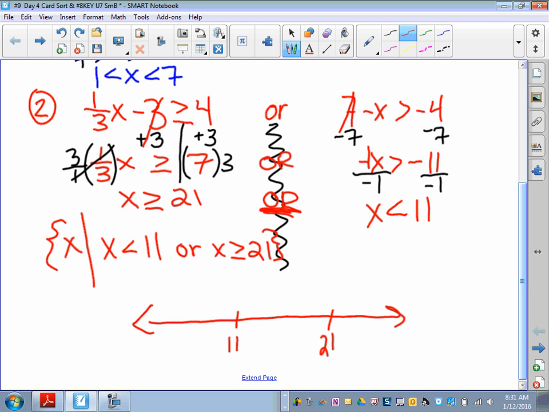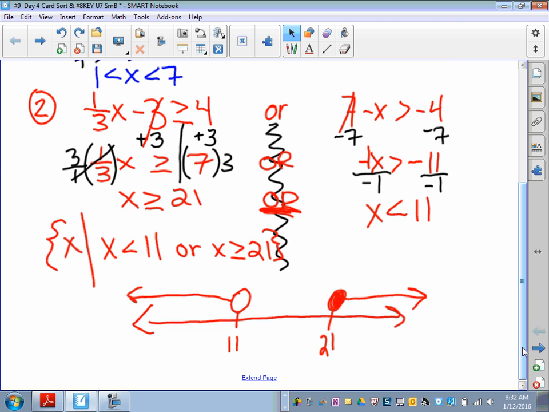An open. Yeah, very good. And Philip, what type of circle do I want on my 21? Good. And this is an or statement, so we should see them go in opposite directions. Also, x is less than 11, so everything less than is to the left of it. X is greater than or equal to 21, so everything to the right. That's your answer.